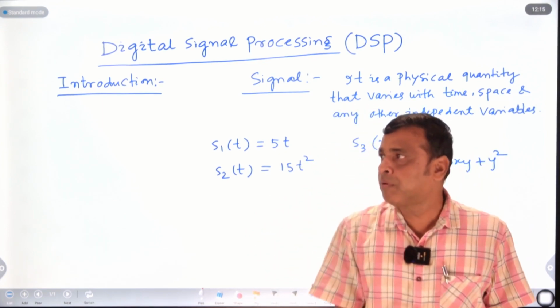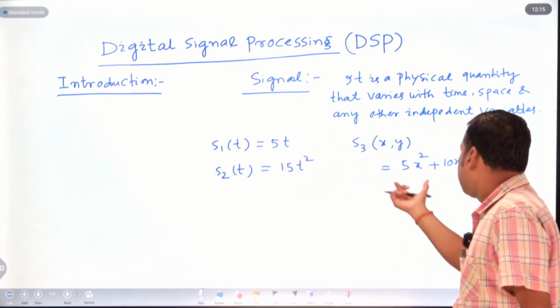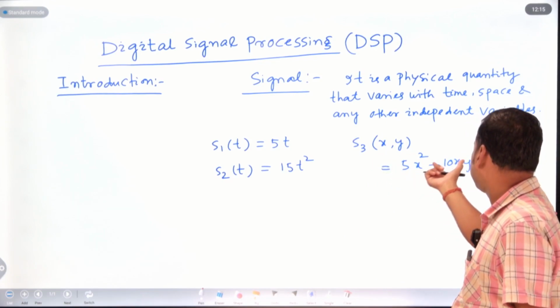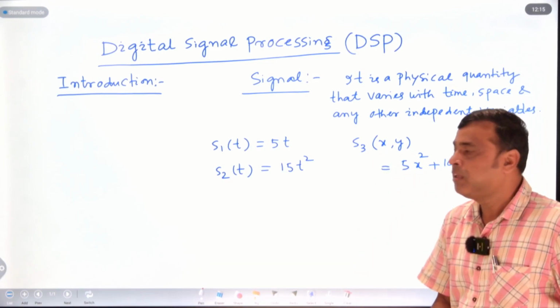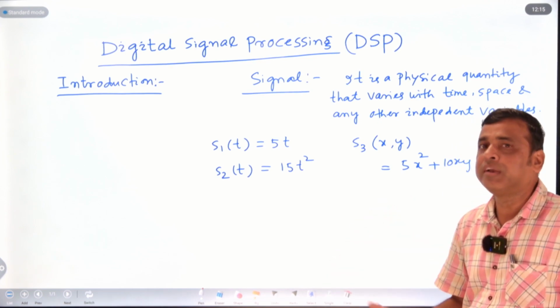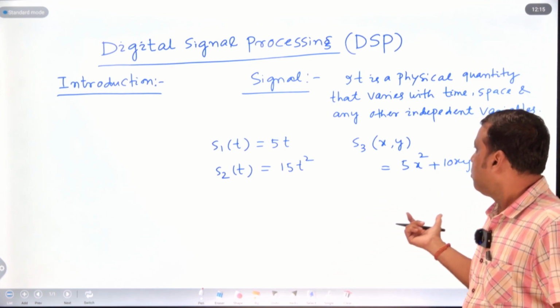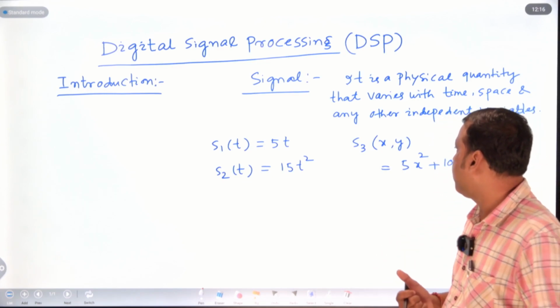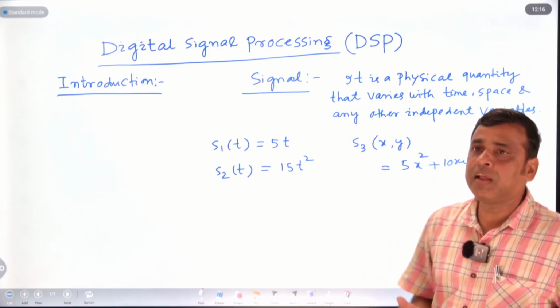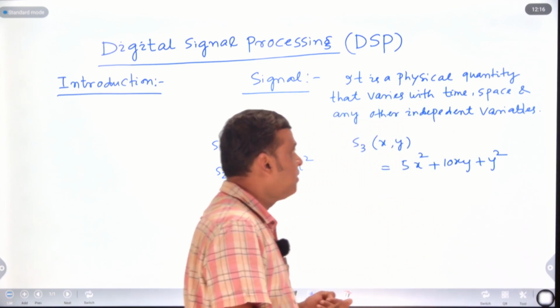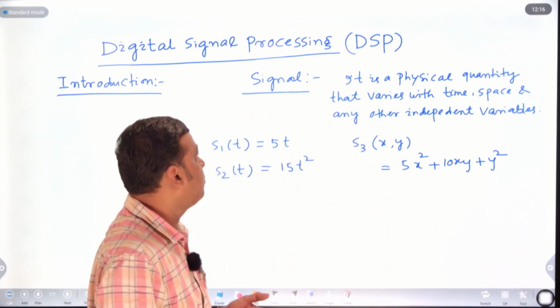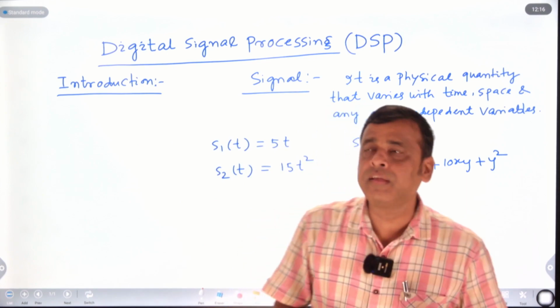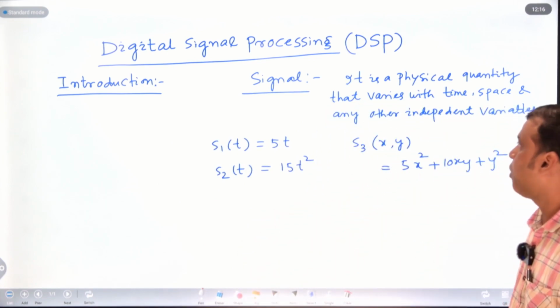This is one type of example of a signal. Here x and y are two spatial coordinates. So there are a variety of ways you can represent a signal. More precisely, a signal carries some information for observation.